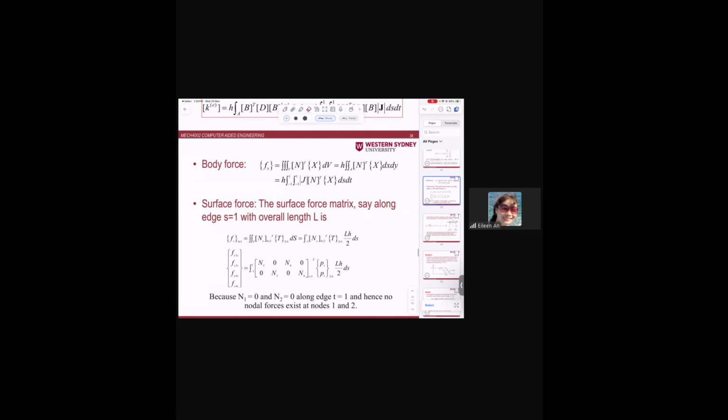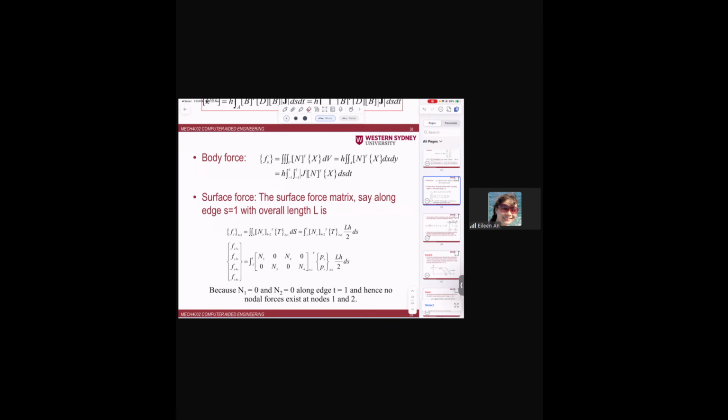Okay, so this is how we calculate the K matrix. Another thing is about force. For a 2D problem, we can apply a point load, a pressure, or a distributed load, right?